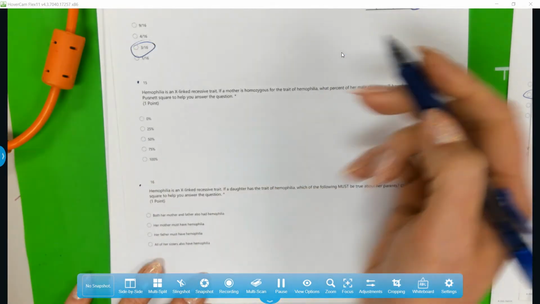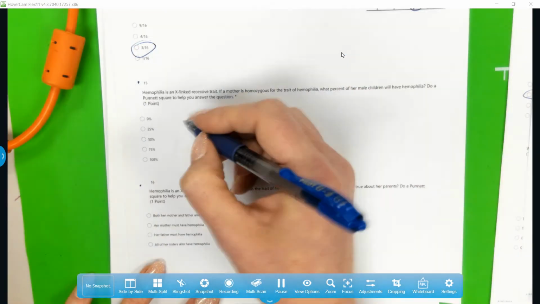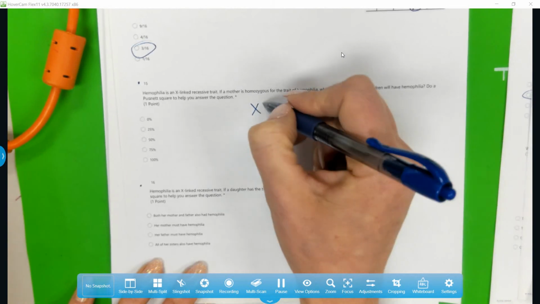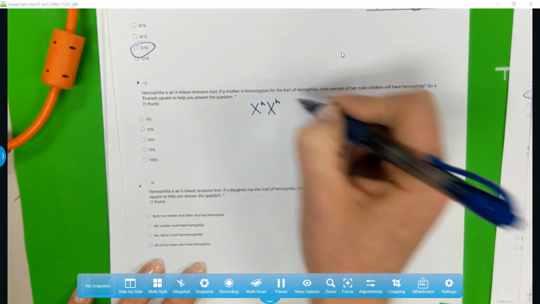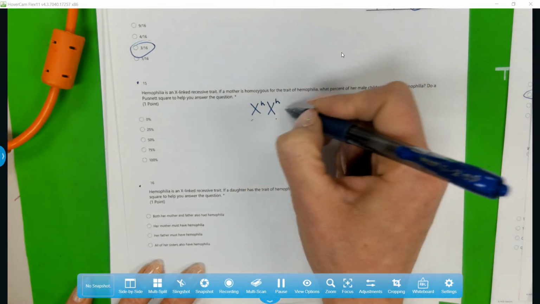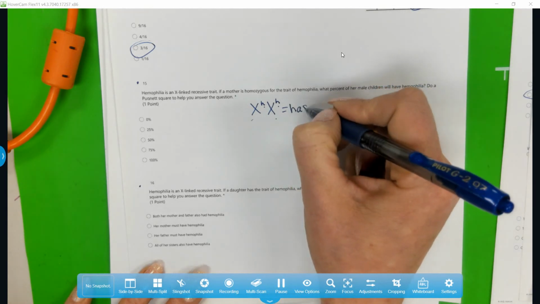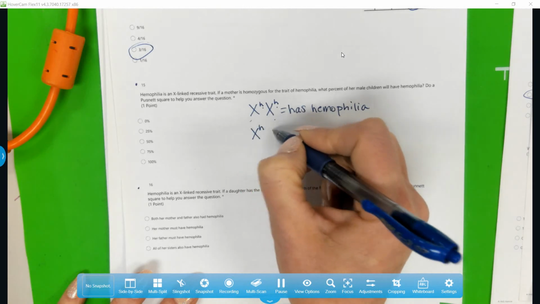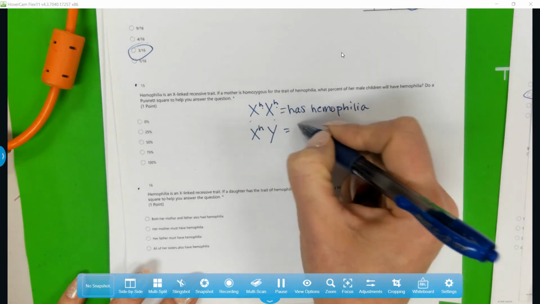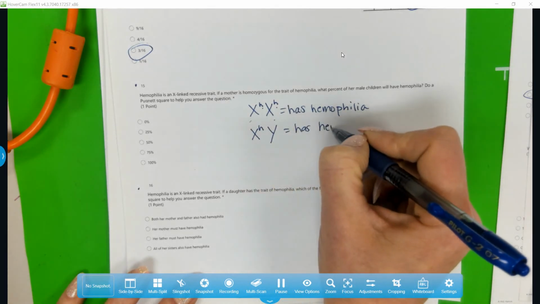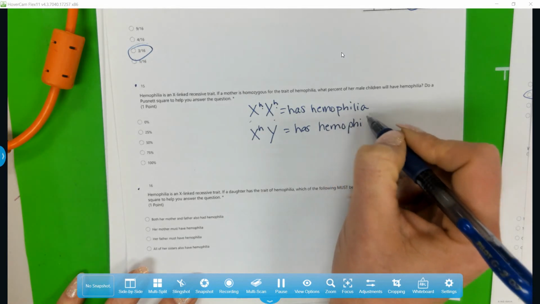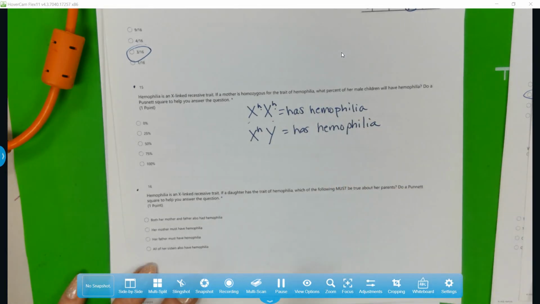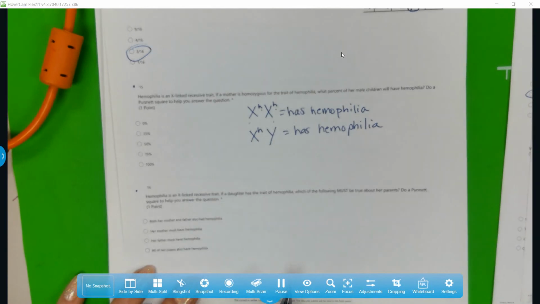So hemophilia is an X-linked recessive trait. That means in order to have hemophilia, a female would have to have both alleles for hemophilia. A male, on the other hand, would just have to have one allele for hemophilia because he doesn't have that second X chromosome with the working gene or working allele.